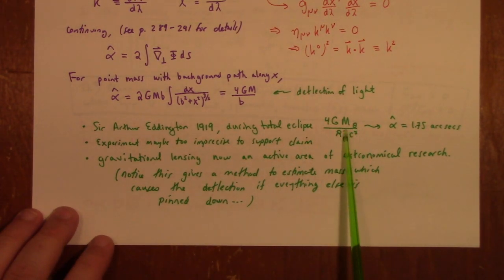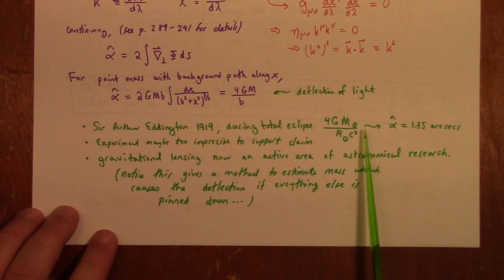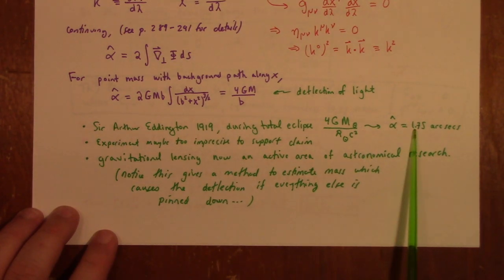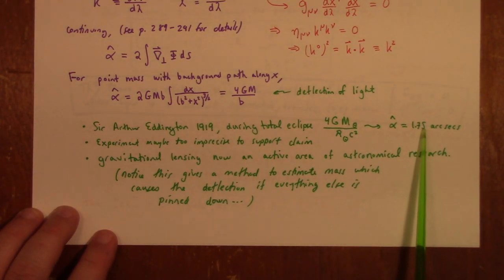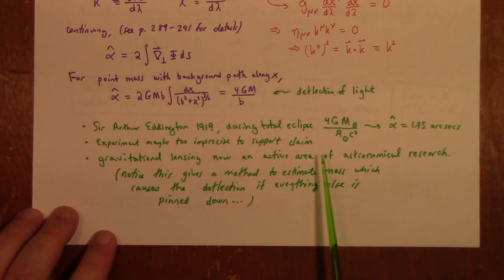measured the deflection angle with respect to the sun, and he measured 1.75 arc seconds of deflection. But people argue that the experiment was perhaps too imprecise to support the claim. But anyway, since then, gravitational lensing is now an active area of astronomical research, and we're doing a lot better than Sir Arthur Eddington was back in the day.